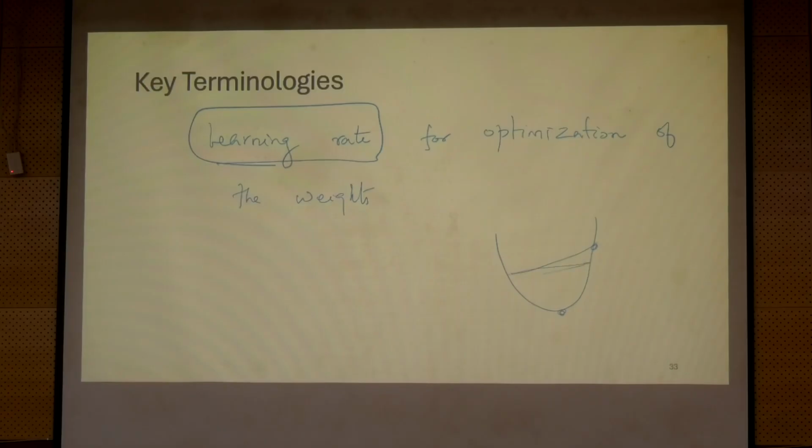And then you will go like this, you will oscillate. So what you prefer to do is keep the learning rate small enough that you go here, here, here, like that. Slowly you descend. Okay, that is the idea. So this is another terminology.